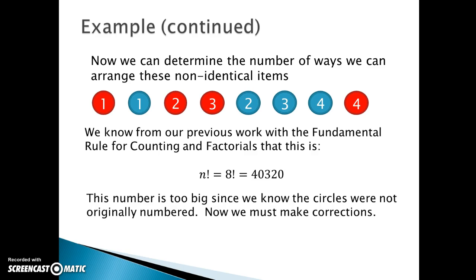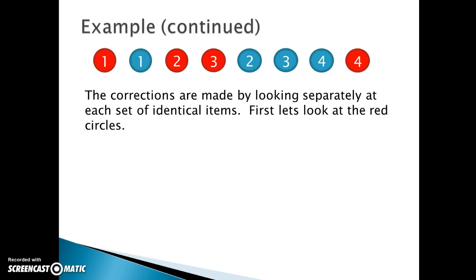This number is too big since we know the circles were not originally numbered and that we did have identical items. So now we must make corrections. The corrections are made by looking at each set of identical items. Let's first look at just the red circles.